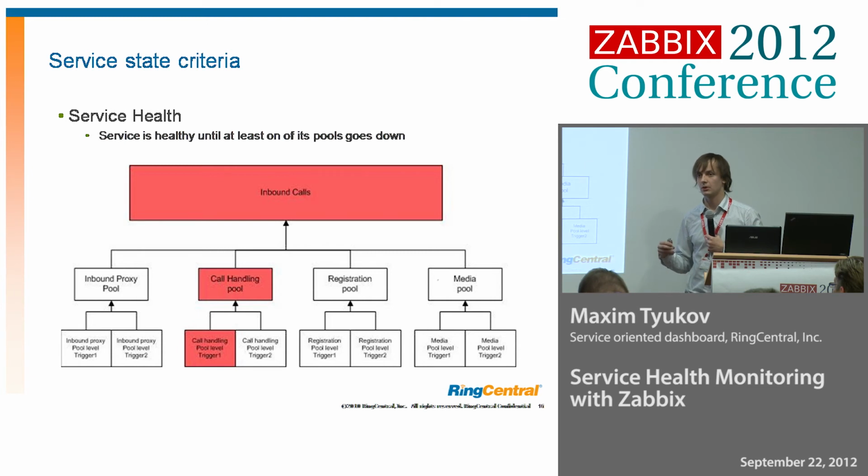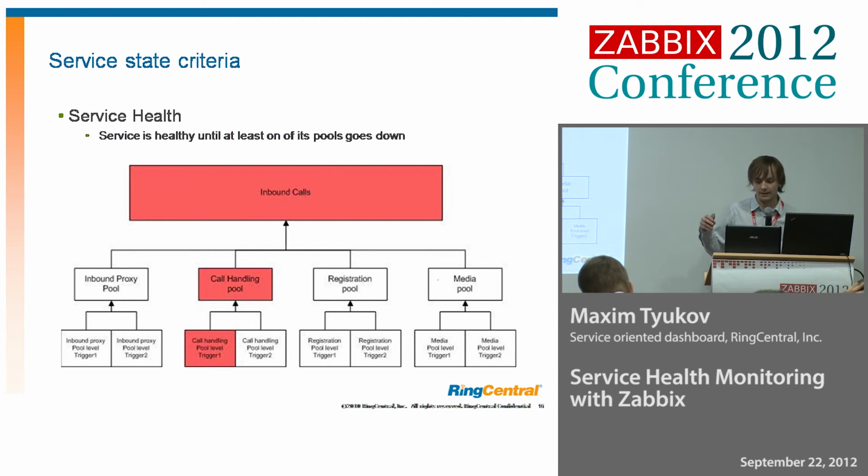Critical triggers, because we are not interested in any informational or warnings. So when one of the triggers changes its status to problem, the pool becomes problem. And that means that inbound calls are affected. So this simple logic is provided to us by Zabbix standard maps.